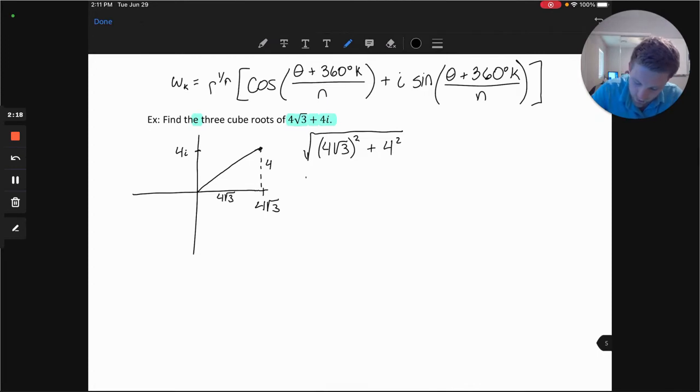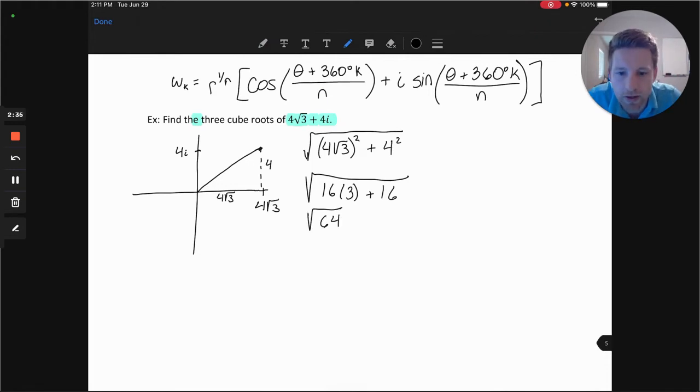We'd find this to be the square root of 16 times 3 plus 16, or adding all that together will give us 64, which makes this modulus equal to 8.